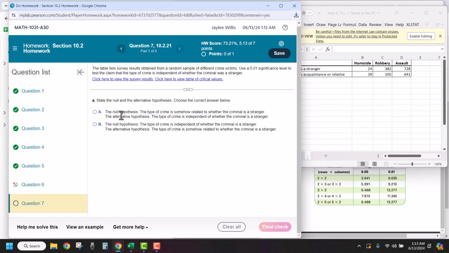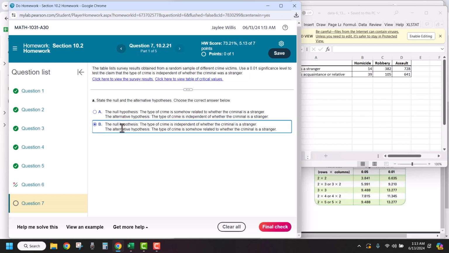So first of all, whenever you're doing a two-way table hypothesis test, the null hypothesis will always be that the two variables are independent of each other. And then the alternative hypothesis is that the two variables are related.